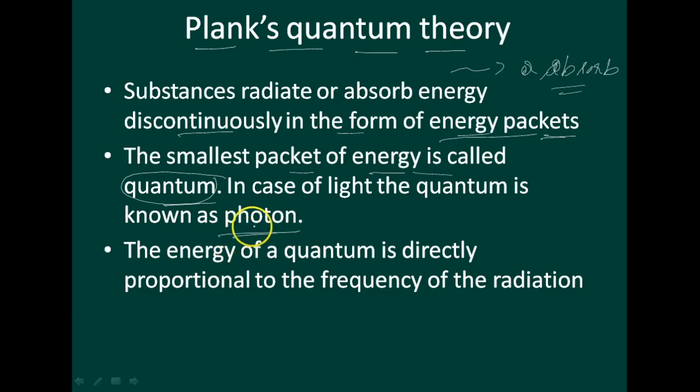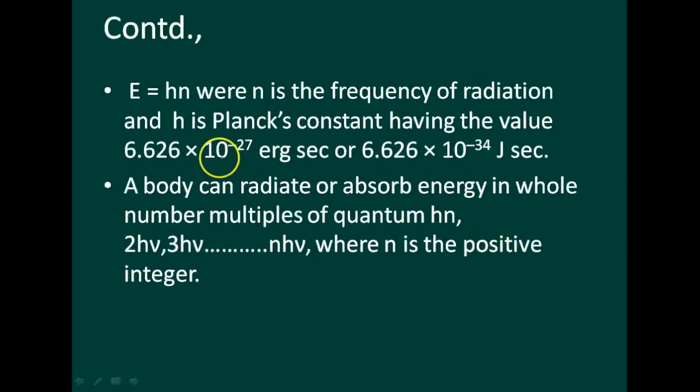So E is directly proportional to ν, which means E = hν, where ν is the frequency of radiation and h is Planck's constant, having the value 6.626 × 10^-34 joule second.